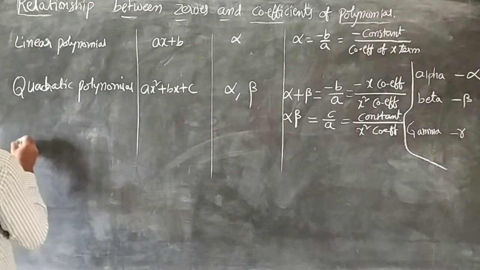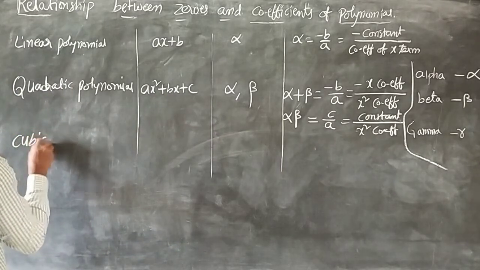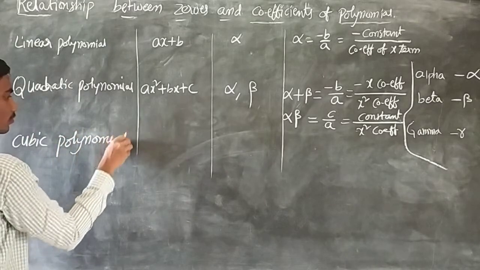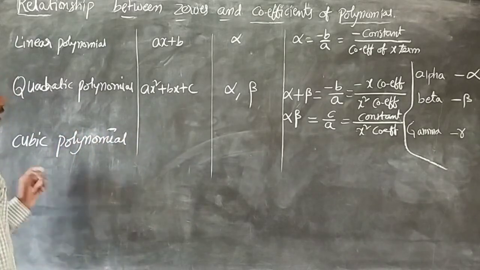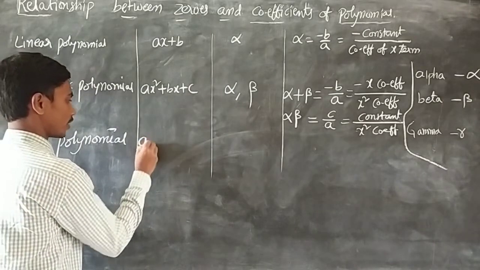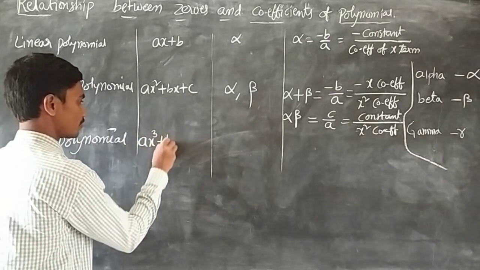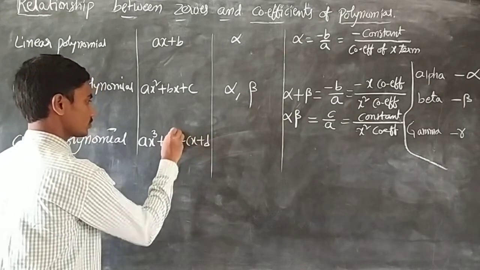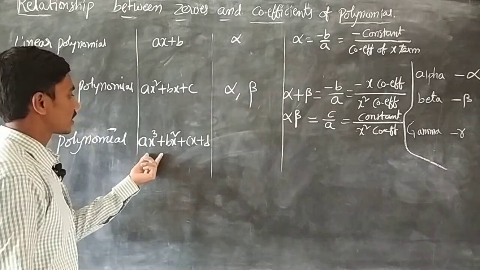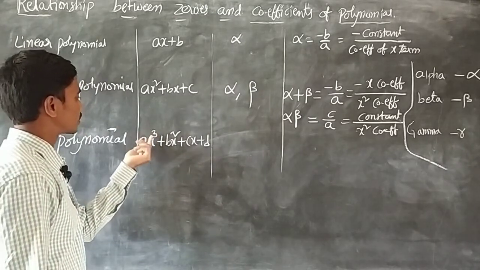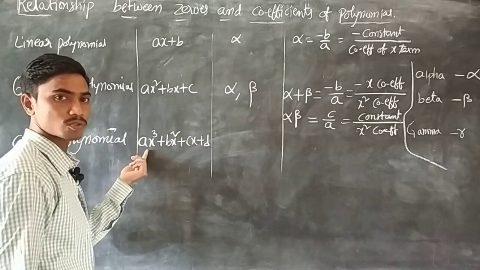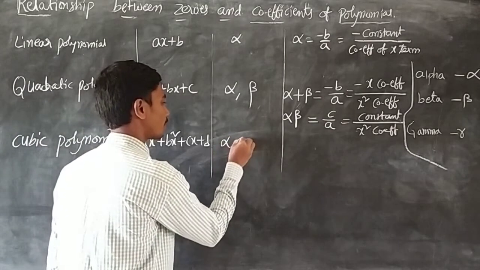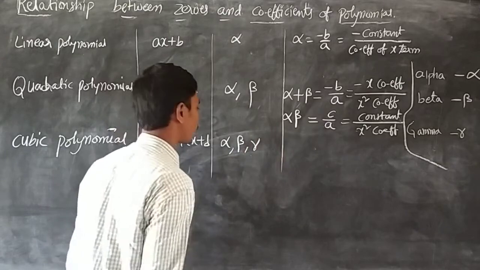Next, cubic polynomial. In a cubic polynomial, the general form is ax cube plus bx square plus cx plus d. Here the degree of the cubic polynomial is 3, that's why it has at most 3 zeros, alpha, beta, gamma.